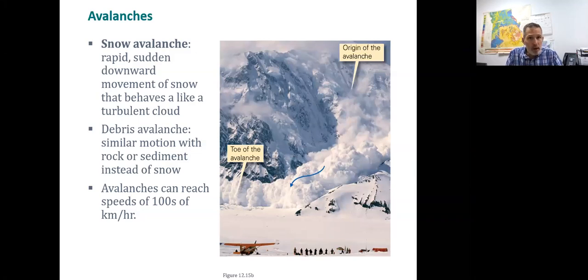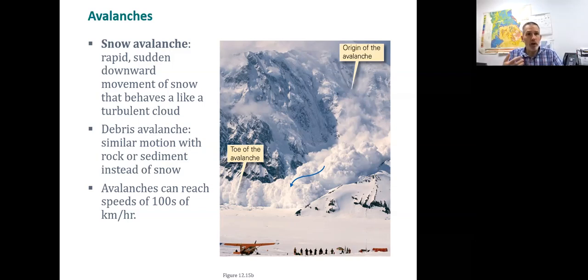Another form of mass wasting is called an avalanche. A snow avalanche is when we have this rapid movement of material downslope, and it's going to behave as a turbulent cloud of material. We can also have an avalanche not made of snow but of debris.